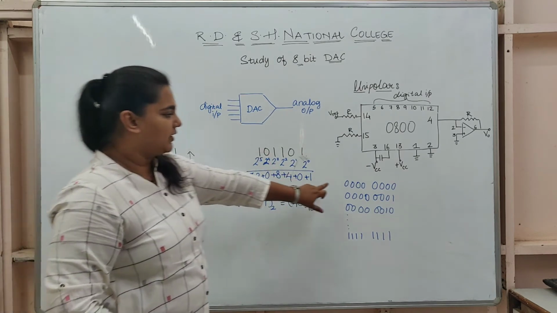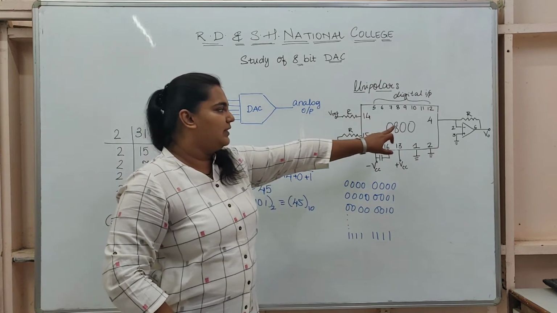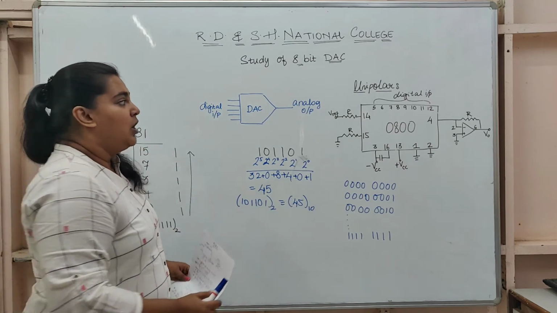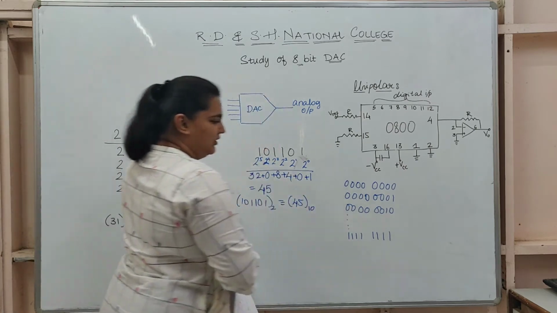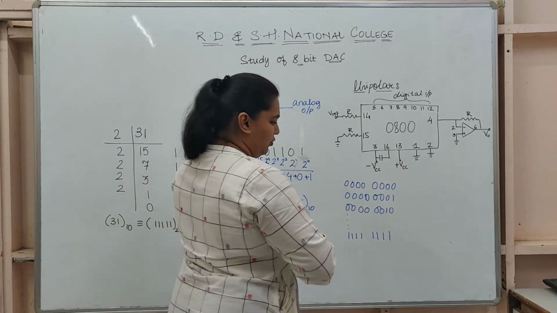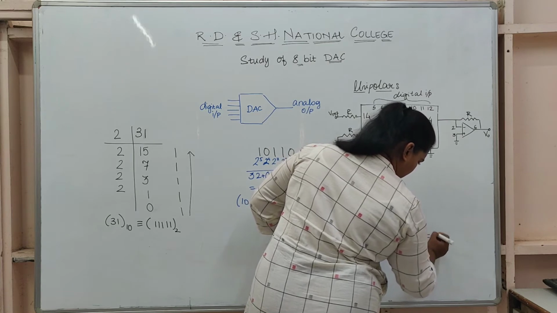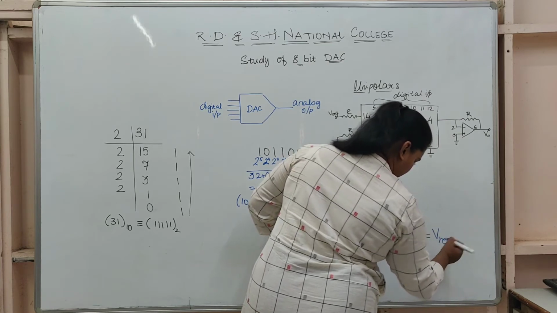So based on what combination of input lines you are using plus Vref will the output be determined. For the maximum value of digital inputs, that is for all 1s, the output will be equal to your V reference. V out will be equal to V reference.